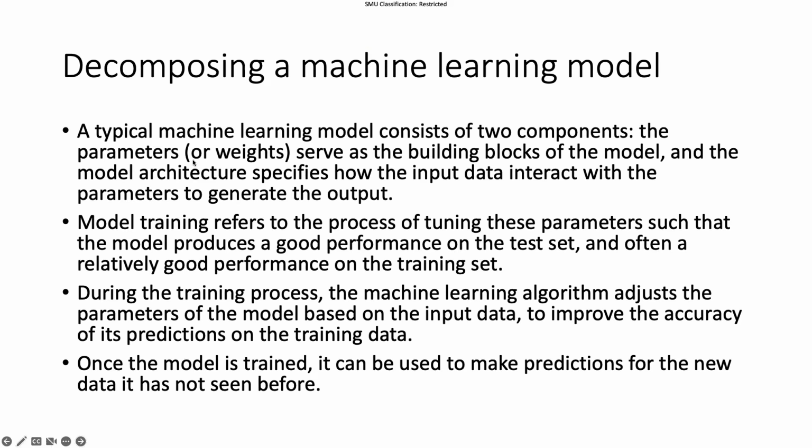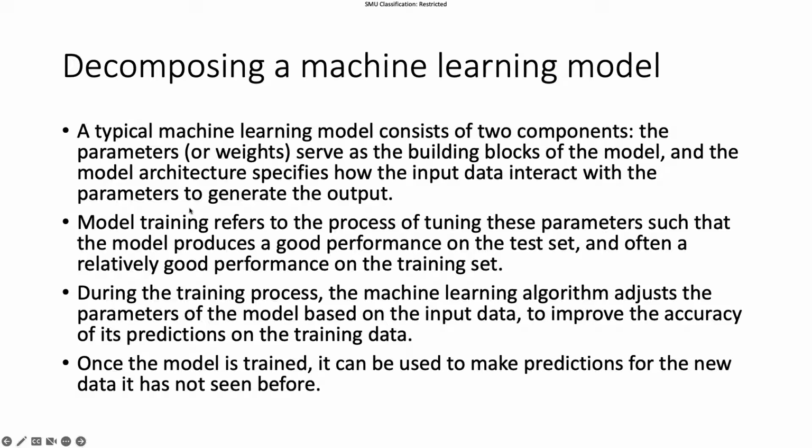And the model architecture is the second component, and this specifies how the information is structured together. So when we have input data, how it will interact with the parameters, which parameters interact, is it multiply, is it plus, and then together they generate the output.